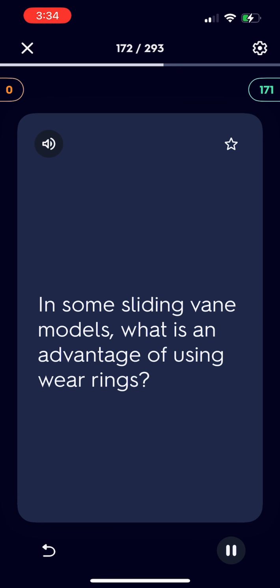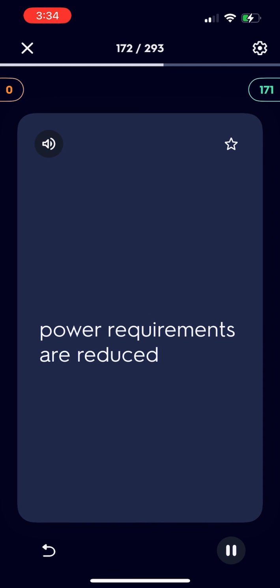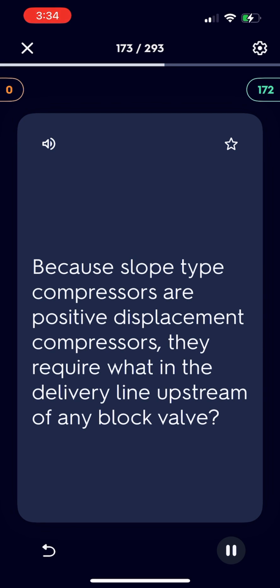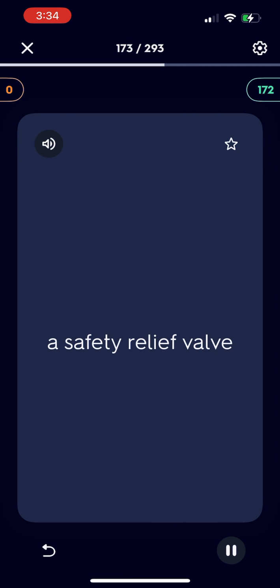In some sliding vane models, what is an advantage of using wear rings? Power requirements are reduced. Because positive displacement compressors are used, they require a safety relief valve in the delivery line upstream of any block valve.